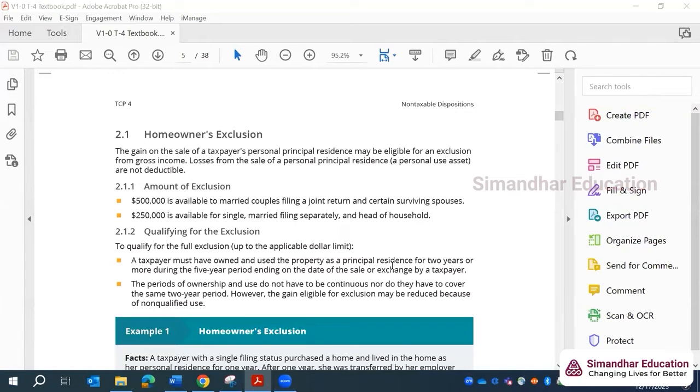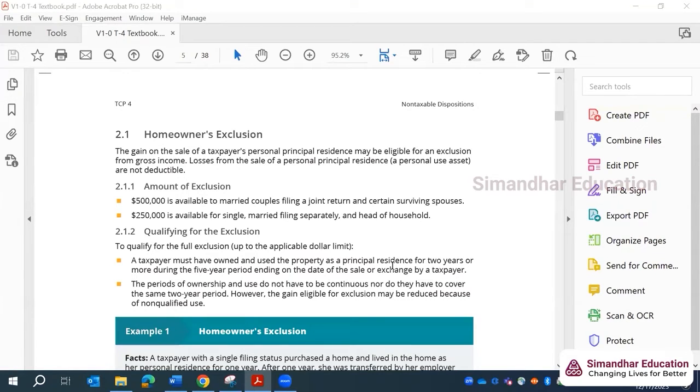Okay. So in my example, am I satisfying both the requirements of owning the property for 2 years and using the property for 2 years? The answer to that is yes. Why? Because the first year I lived in that property, though it was a rental property.